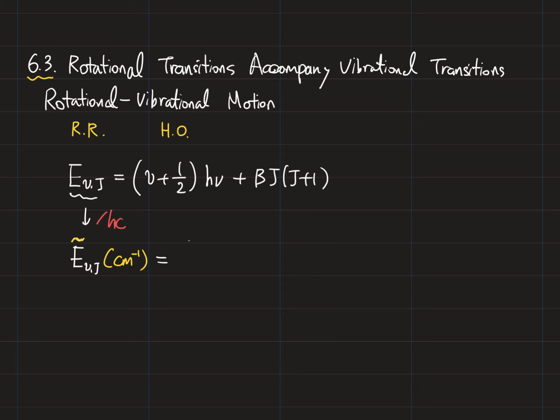So that means dividing by hc should not affect the quantum numbers. And we have omega tilde, and we have B tilde J(J plus 1).